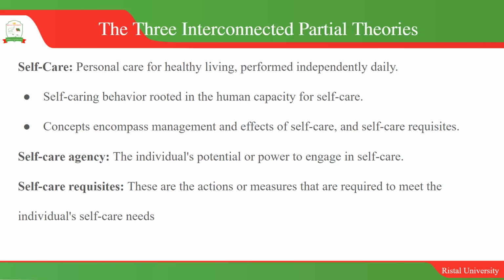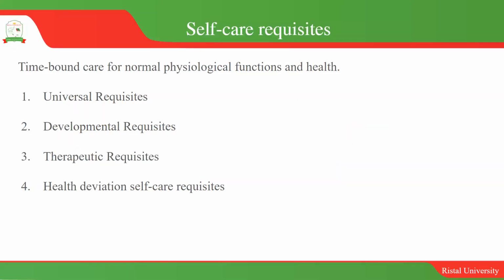That's also an element that we are going to look at. So the actions relate to what deviation has happened. If there is a deviation from the normal physiological parameters, or a deviation in health, that means that we will need to provide appropriate, time-bound care for normal physiological function and health.